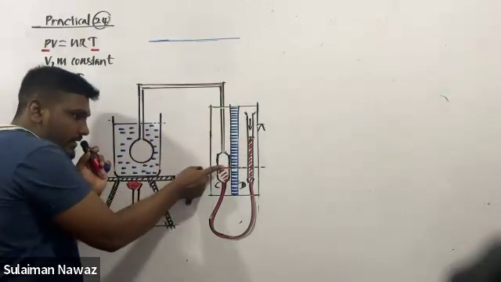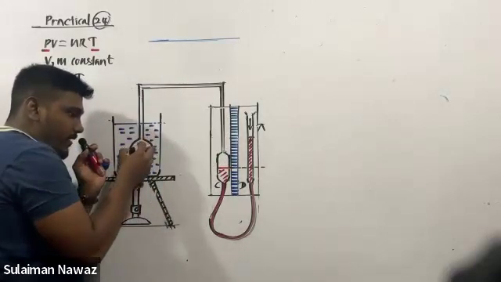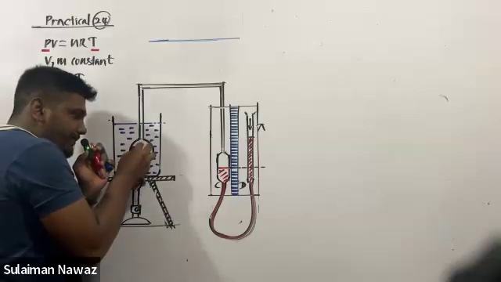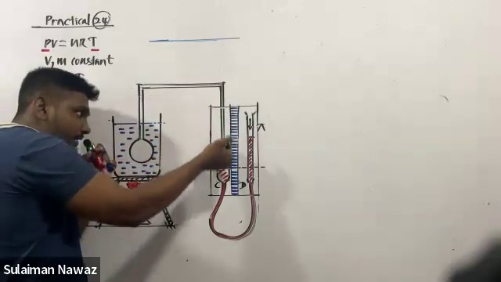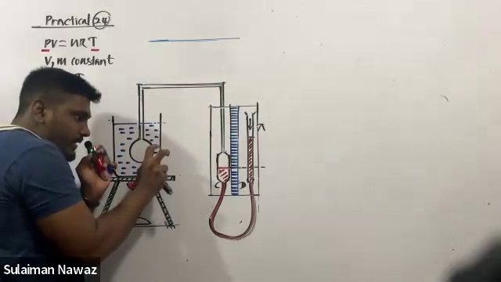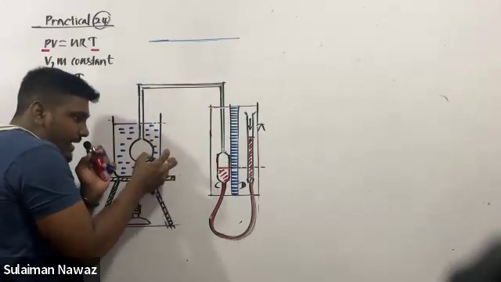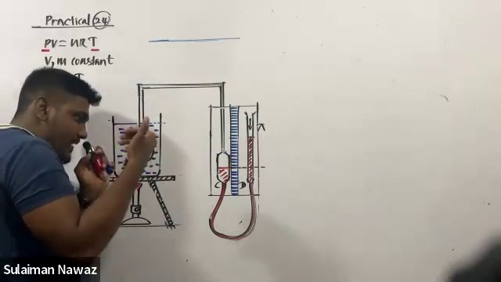When you insert the gas, it spreads throughout this connecting tube until this liquid level. But when we do the calculation in this practical, we have to assume that gas is only contained in this bulb. You will understand that later.